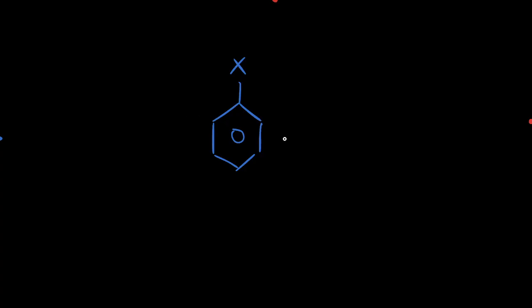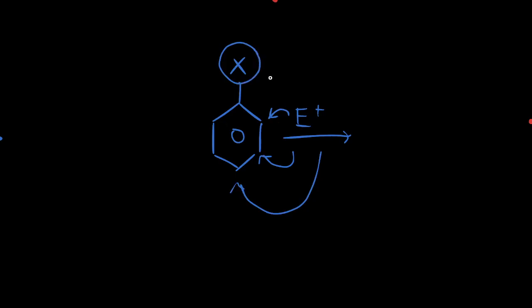So if we have a substituent here and we undergo some EAS reaction with some electrophile, the position that this electrophile will end up attacking would be different based on the identity of this substituent. If this substituent is an electron withdrawing group, the electrophile may attach in a different location than if this was an electron donating group. And these are all things we will cover in a future video.